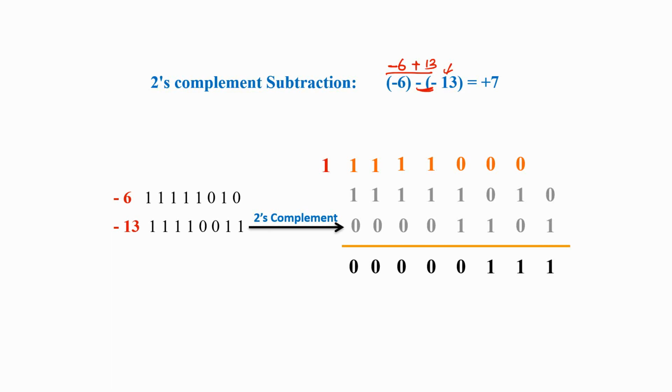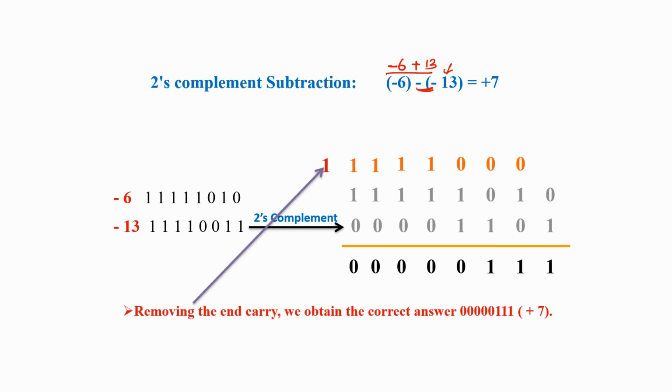What do we have to do with this end carry? The end carry is going to be discarded and the result is plus 7, right? That end carry is removed and we are going to get the number that is plus 7. As we know, minus 6 minus of minus 13 will give you plus 7. That is the result in the 2's complement.